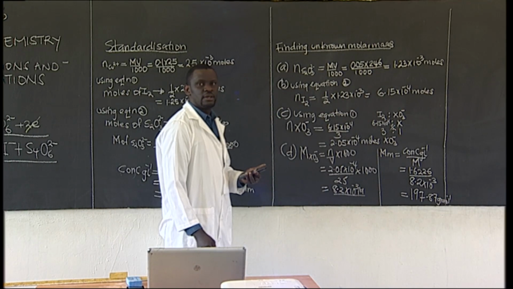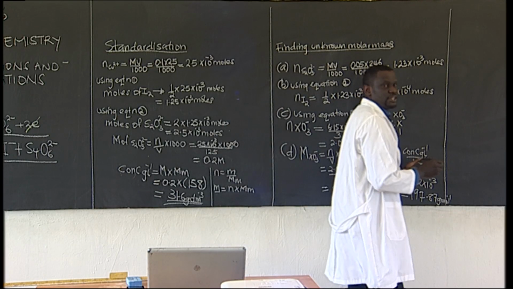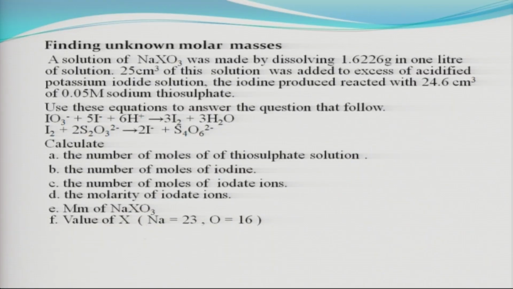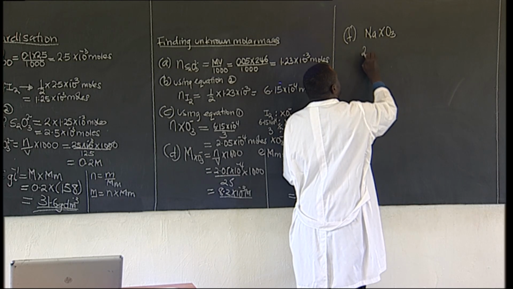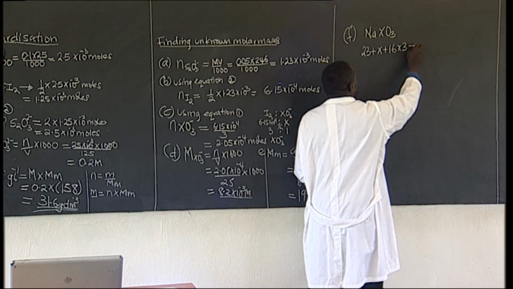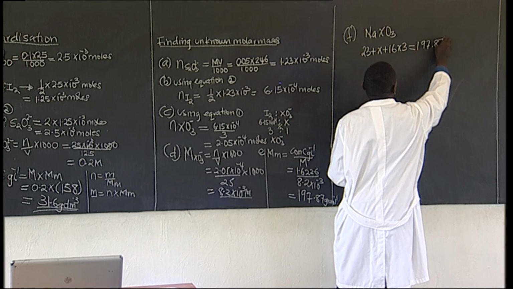So from there, this is part E. From there, we can get our last part, the value of X. So part F, which is the value of X. We say that sodium hexonate, okay, so this sodium, we are going to say is 23 plus X plus 16 times 3, which will equal approximately 197.87.